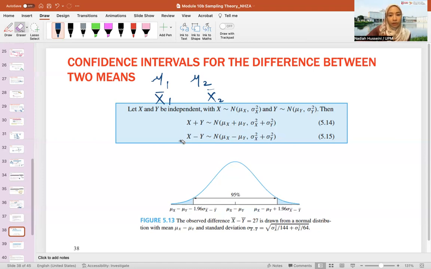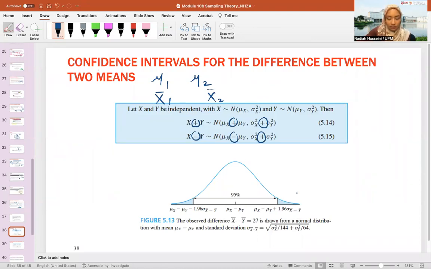If you're talking about the difference between the means, then your mean is going to be mu X minus mu Y, but your variance, you still have to add them together. The mean is either plus or minus depending on whether you're trying to find the addition or the subtraction, but the variance is always addition.